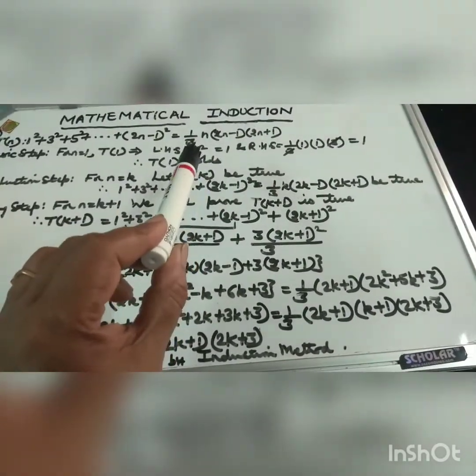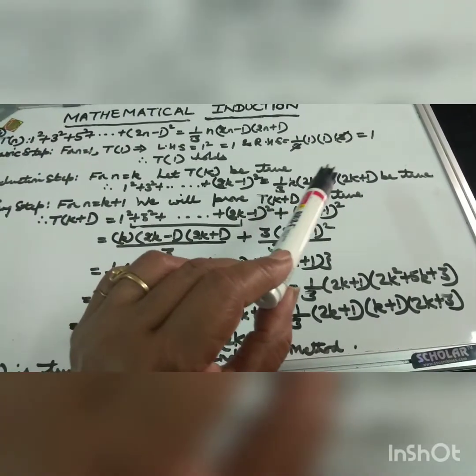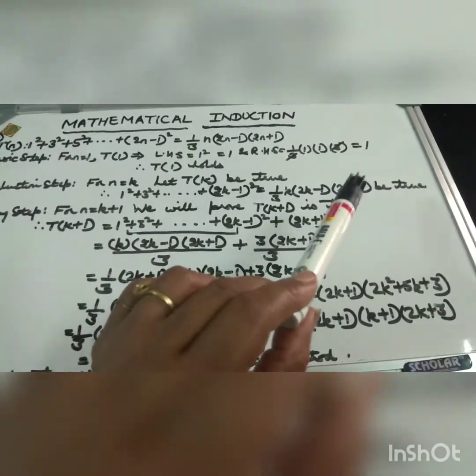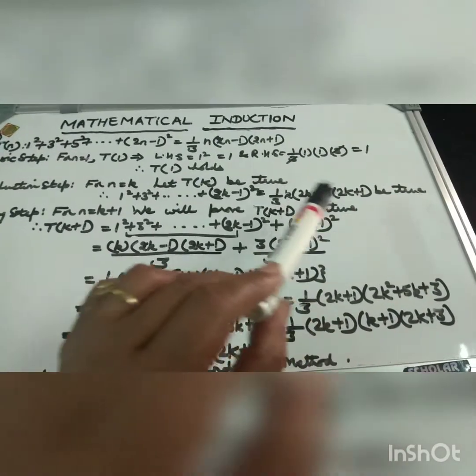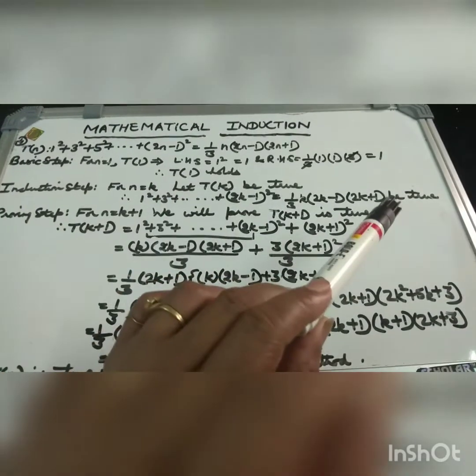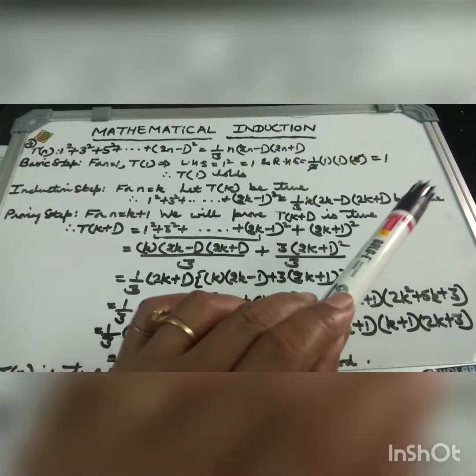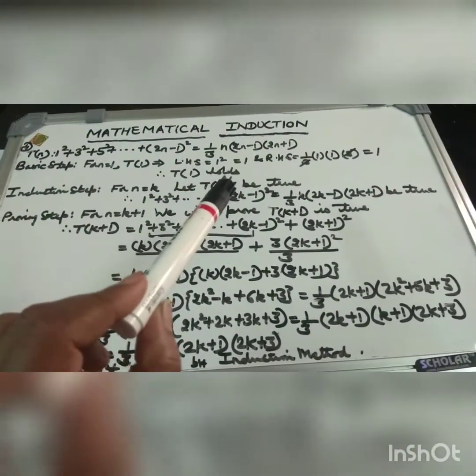Right hand side also automatically becomes 1 by 3 into k into (2k minus 1) into (2k plus 1). Now we have not done anything, simply we have replaced n by k and we are assuming that this statement is true. I hope you are following all the steps.